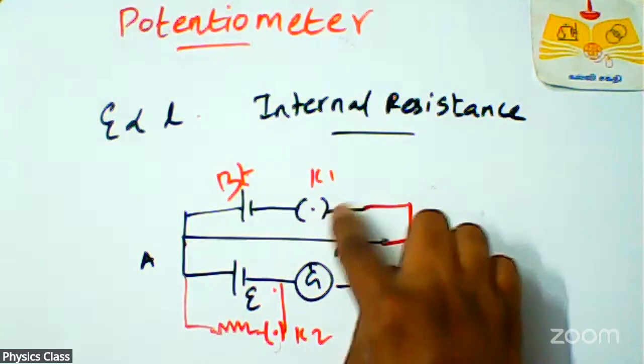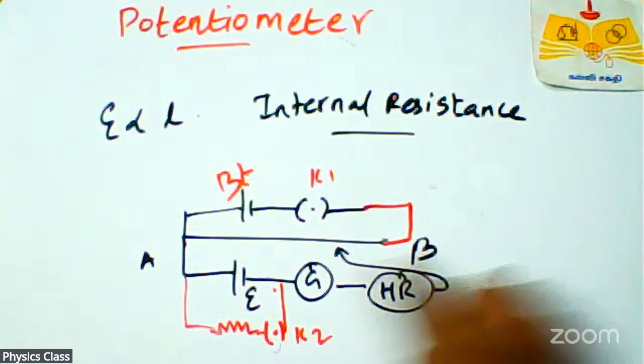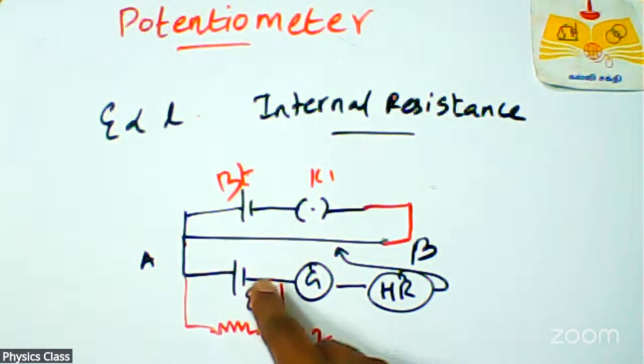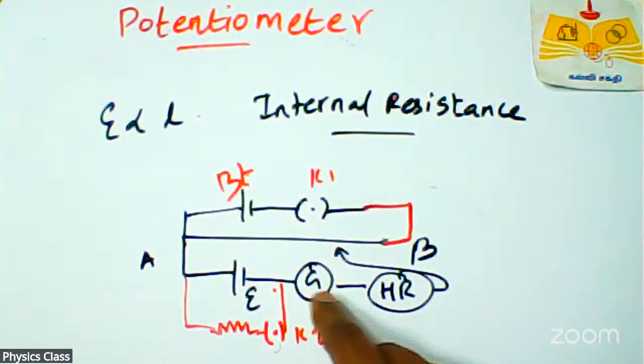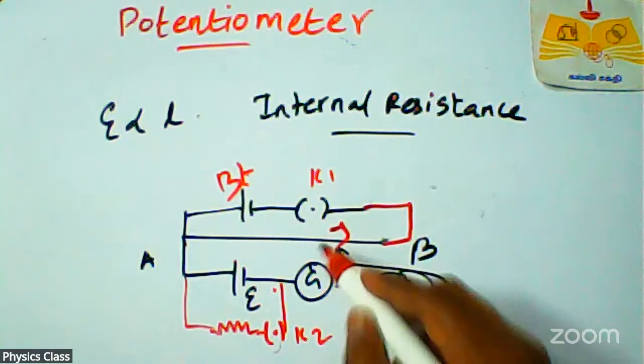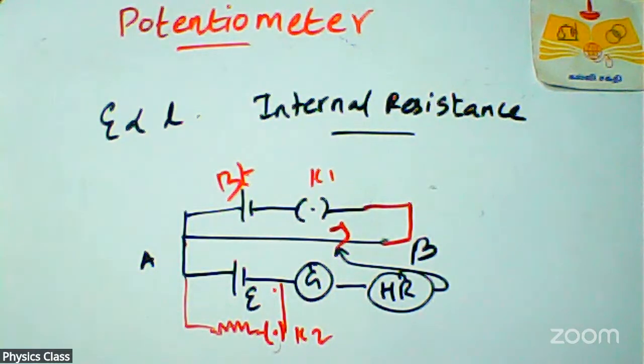The other terminal of the key is connected to B. The other terminal of A is connected to the EMF, and again to the galvanometer and high resistance through the jockey. So there is a resistance box which is connected parallel to the EMF of the cell. Okay, again one key is there. Clear? Right.